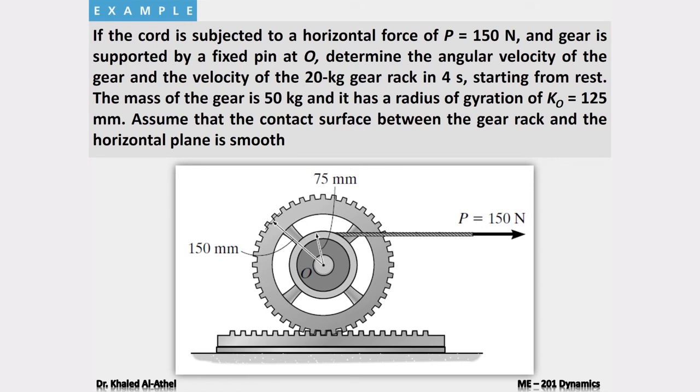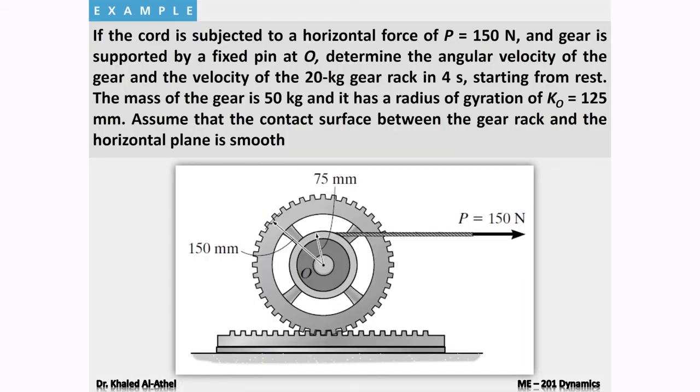The mass of the gear is 50 kilograms and it has a radius of gyration of 125 millimeters. Assume that the contact surface between the gear rack and the horizontal plane is smooth. Okay? So, the first step now is to establish your coordinates and draw your diagram.